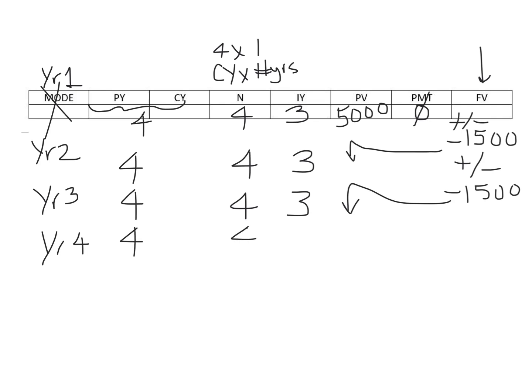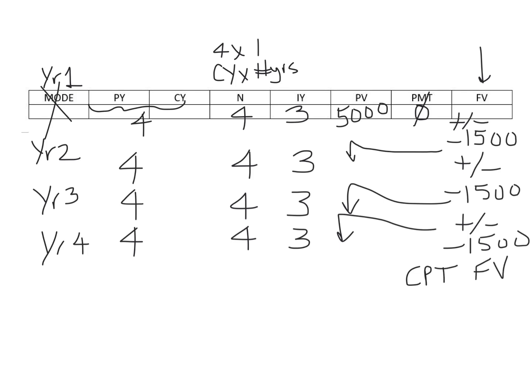4, 4, 3. Again, plus or minus. We're going to then subtract 1,500. That becomes the PV for that last segment. And we're going to compute FV. And that is going to show the value that's still owing after the end of those 4 years with those terms of payment.